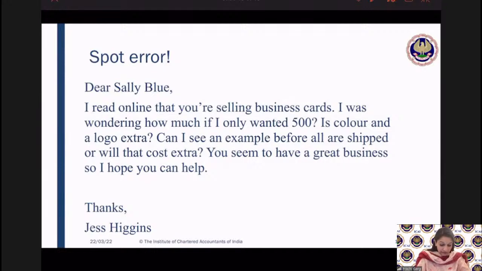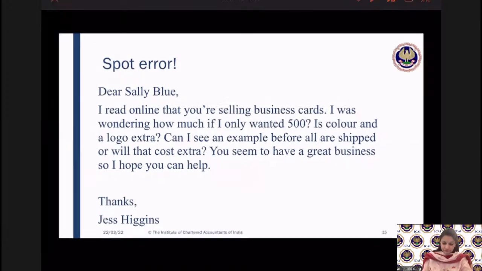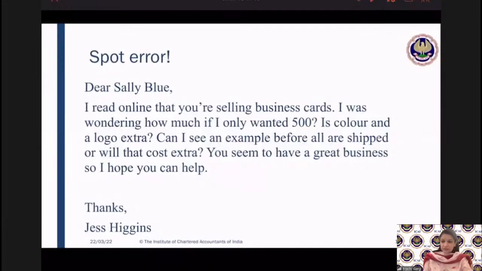And then when there's a signature, the signature is incomplete. There is no phone number, designation, nothing is given here. Can you all see these mistakes here?